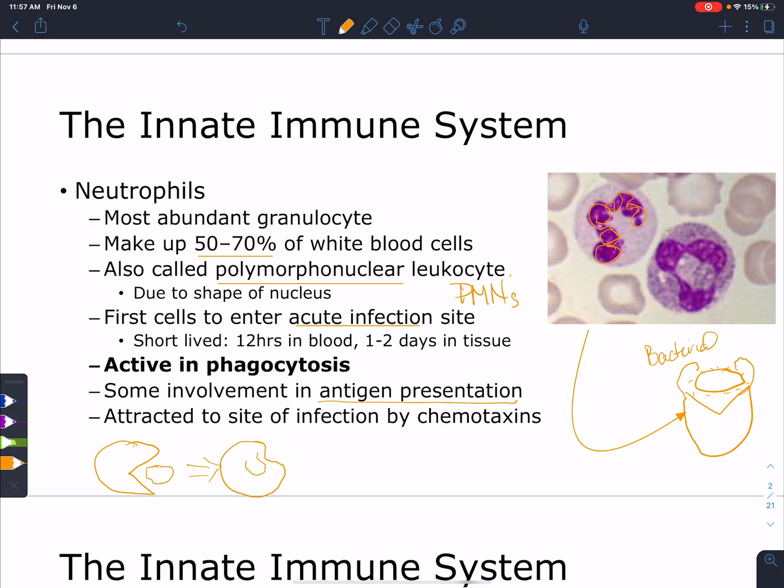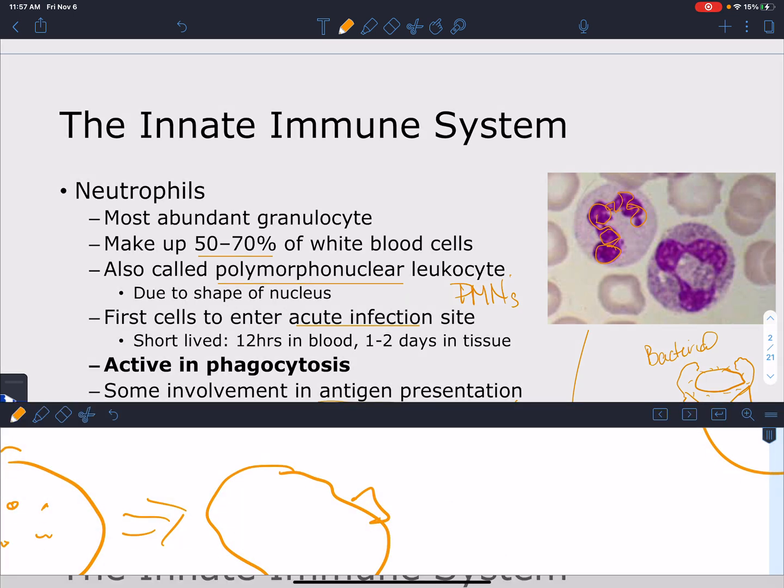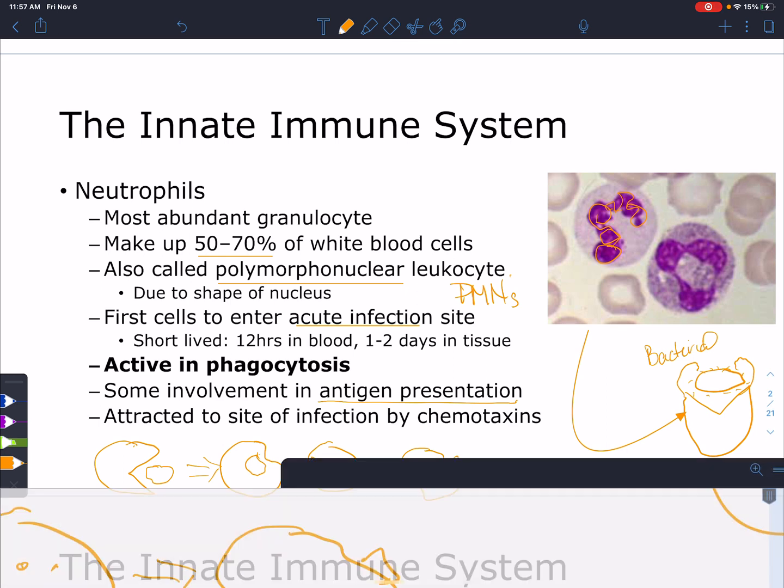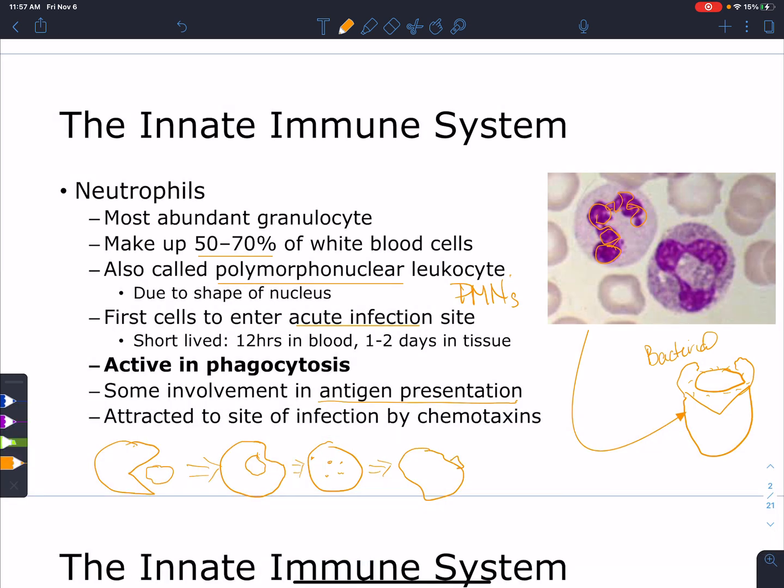We have it in there, and it starts to break it down into little itty bitty pieces. Then it takes it and presents part of that antigen to different things. A lot of times it's going to present it to a B cell, particularly if we're going to make some antibodies, and then we'll make antibodies to it so we can fight it off quicker next time.